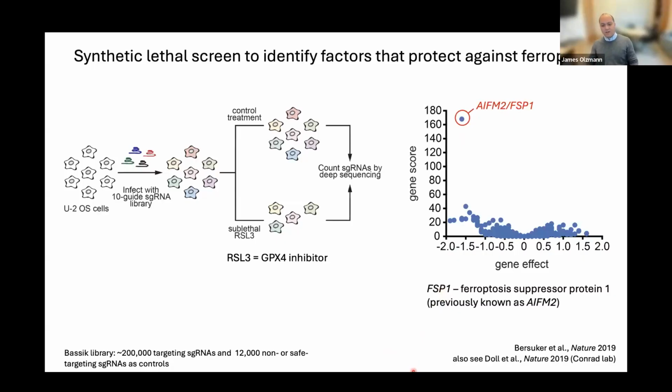This was a gene, AIFM2, which we renamed ferroptosis suppressor protein 1, or FSP1. And I just want to point out that this was co-discovered by Marcus Conrad and Pedro Angeli in a co-published companion paper at the same time. And our findings are in very strong agreement regarding the cellular roles and mechanism with Marcus and Pedro.